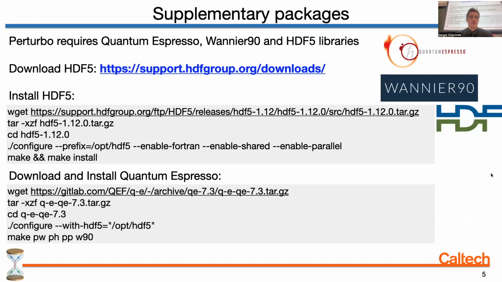And two other packages are Quantum Espresso, which I talked a lot about, and Wannier90, which now you can install inside of Quantum Espresso, which helps us a lot to present the data in the direct space.